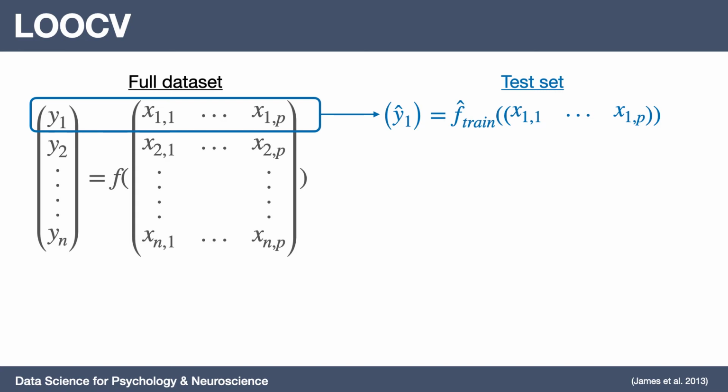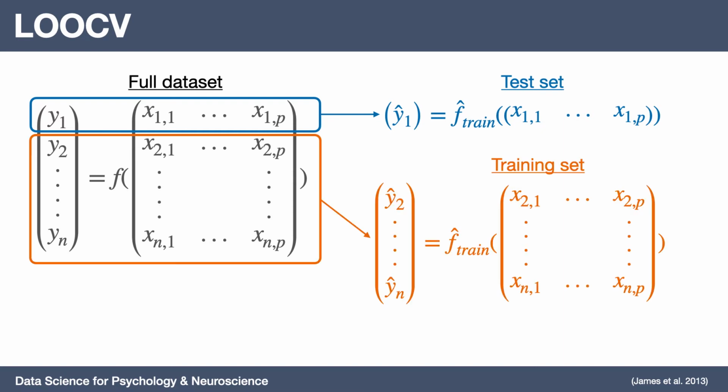So I'm going to take observation 1, so y1 and all the observations of x in the first row, set it aside, and then learn my model. I'm going to fit a regression model, f-hat train, using all the other observations, so observations 2 through n. That becomes my training set.